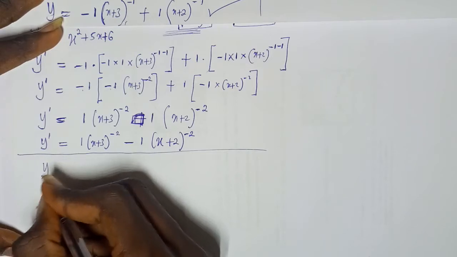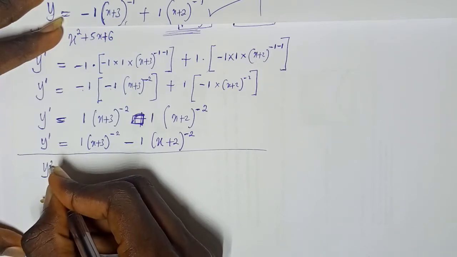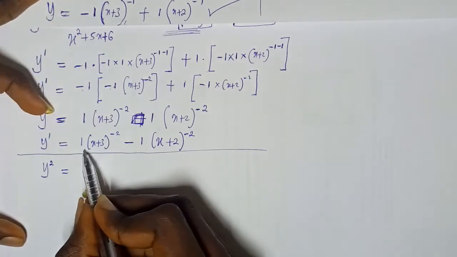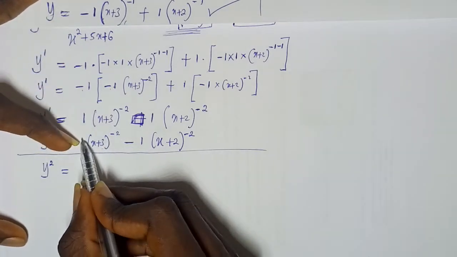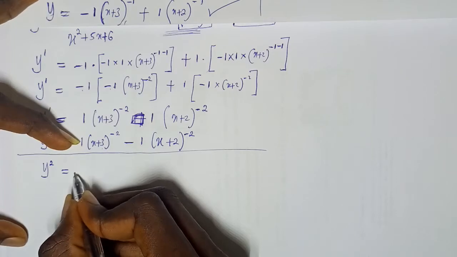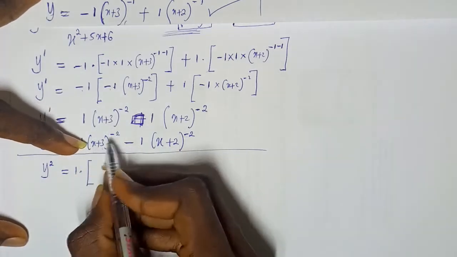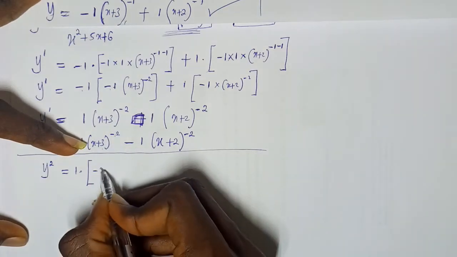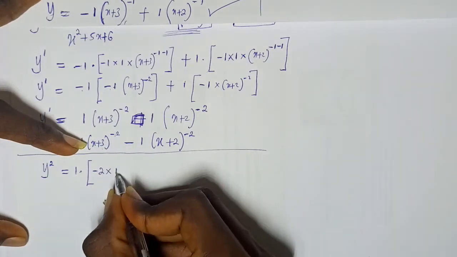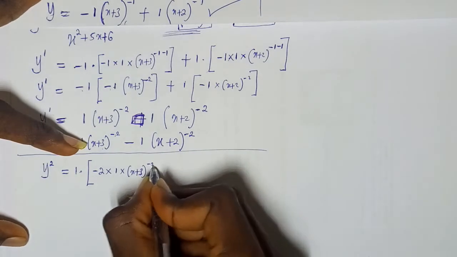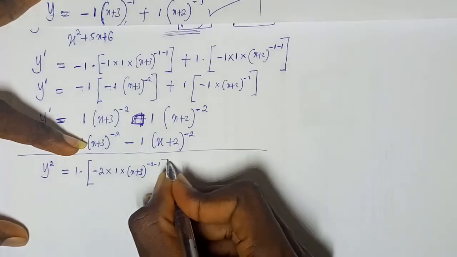So my y double prime, which is the second derivative, will be equal to the same process. I have to differentiate this term, times, so I need to differentiate this thing that I have here. So minus 2 comes down, times differentiate what is inside the bracket, times repeat everything back, minus 2, then you must subtract 1. So that's how it works.